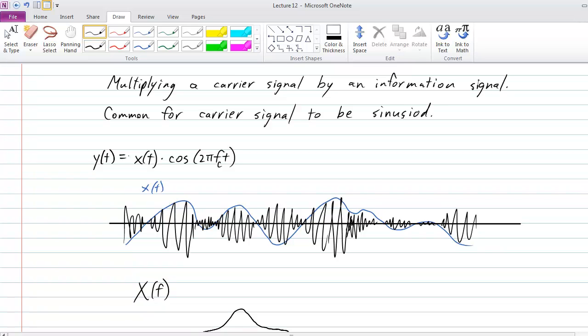No, it is linear, but it is not time invariant. If you make it fuzzy, then yeah, it looks like the same thing. But in reality, it's not going to line up. If you delay your blue signal here, then the phase of the carrier frequency is going to match up differently. It's not going to exactly be the modulated signal delayed. So it's not time invariant.